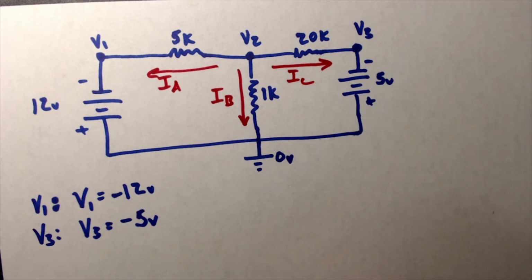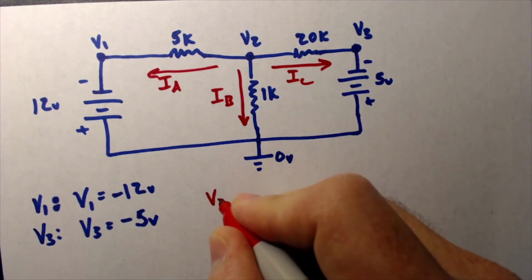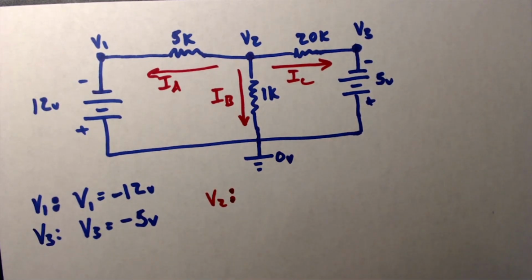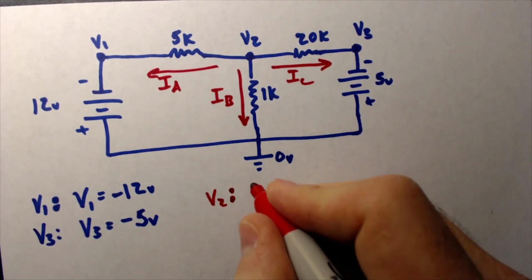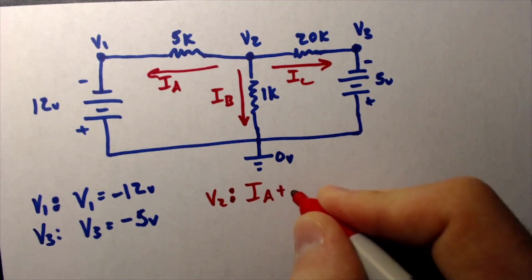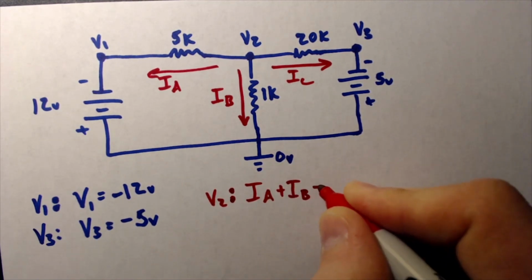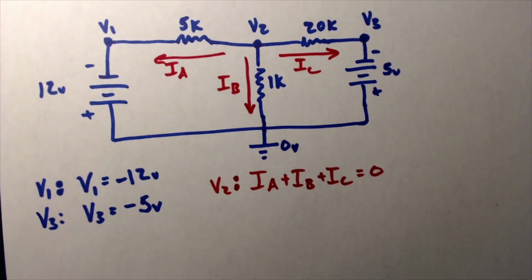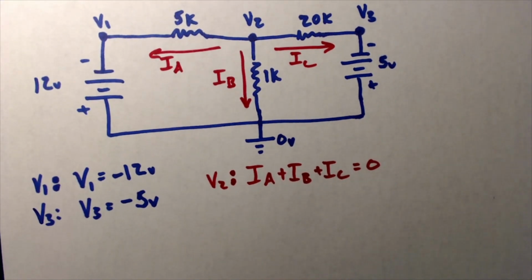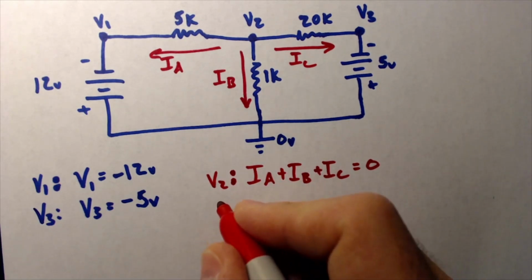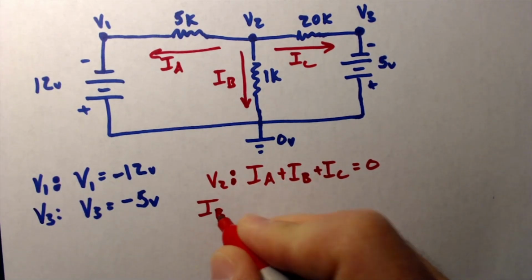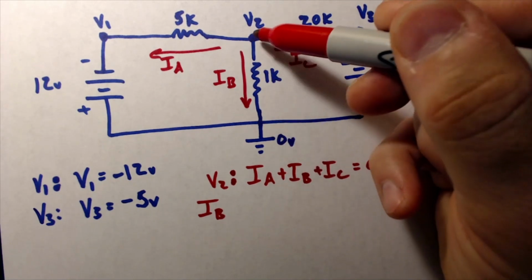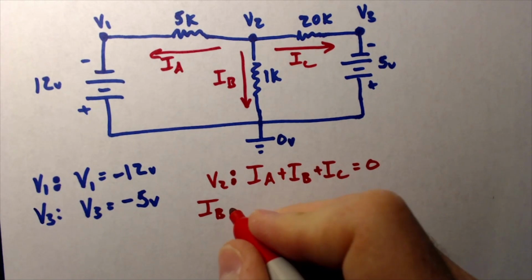And now we can go ahead and do our KCL for our node V2. All right, since they're all leaving, IA plus IB plus IC must be equal to 0. Now all we have to do is write out what IA, IB, and IC are. I'll start with the easy one, IB. Since the only voltage involved is V2, it's V2 over 1K.